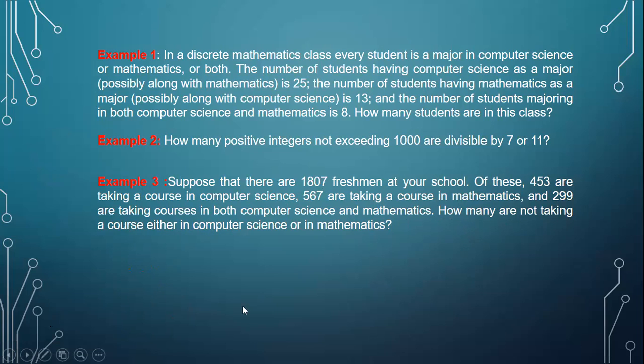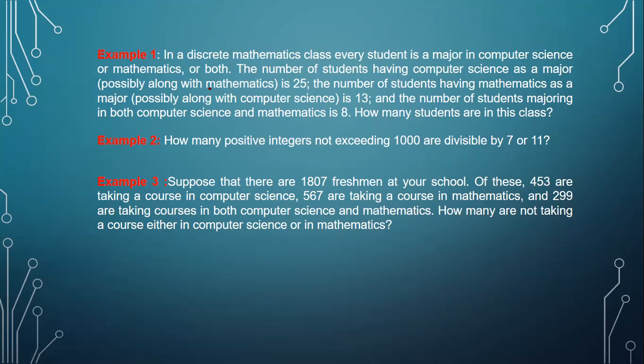Now this problem is a bit different from the ones we have done earlier. What is different? It has already given you the number of total students in your school or university. So let's write that.